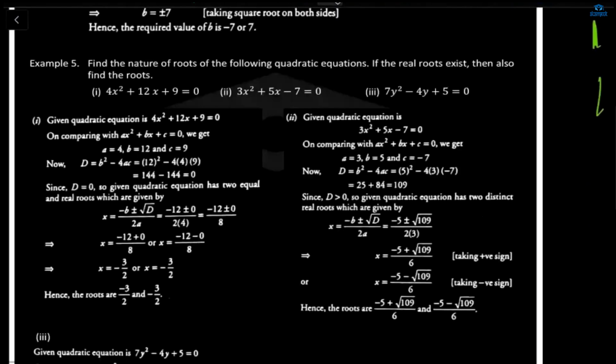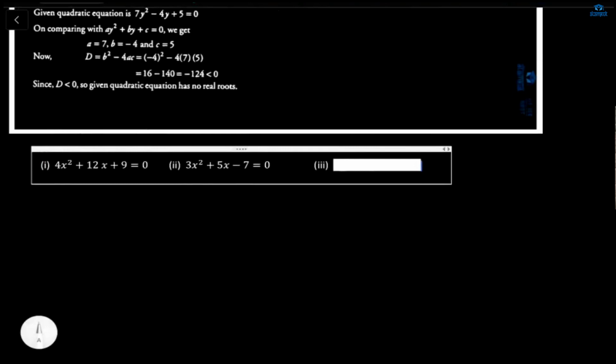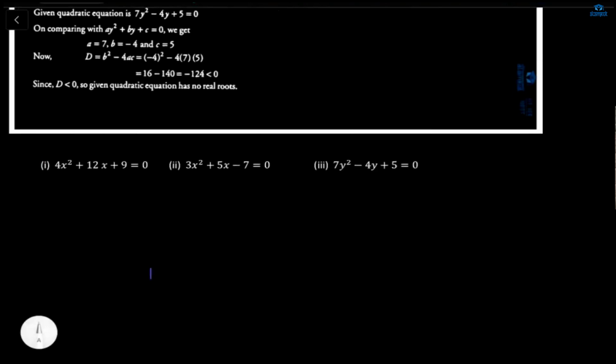I'm just copying them here. Now you have to check first whether real roots exist; only then do you need to solve these equations. For the first one, what will be the discriminant value? The discriminant is b square minus 4ac.